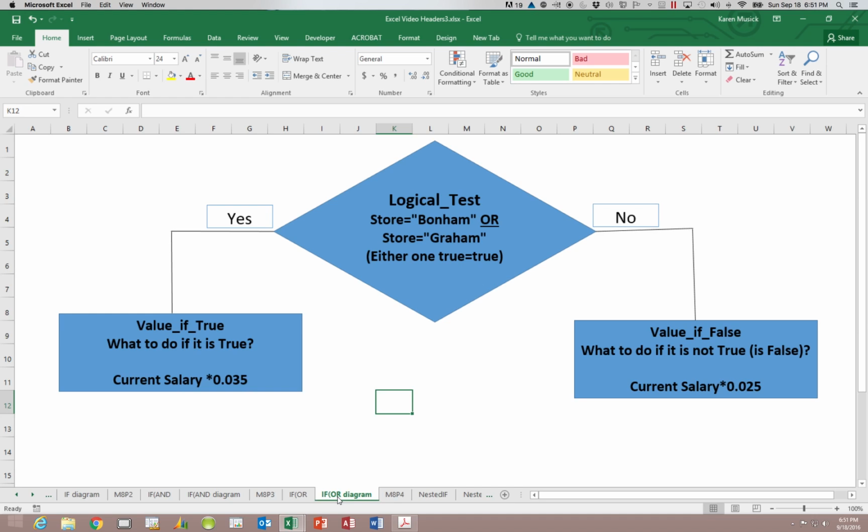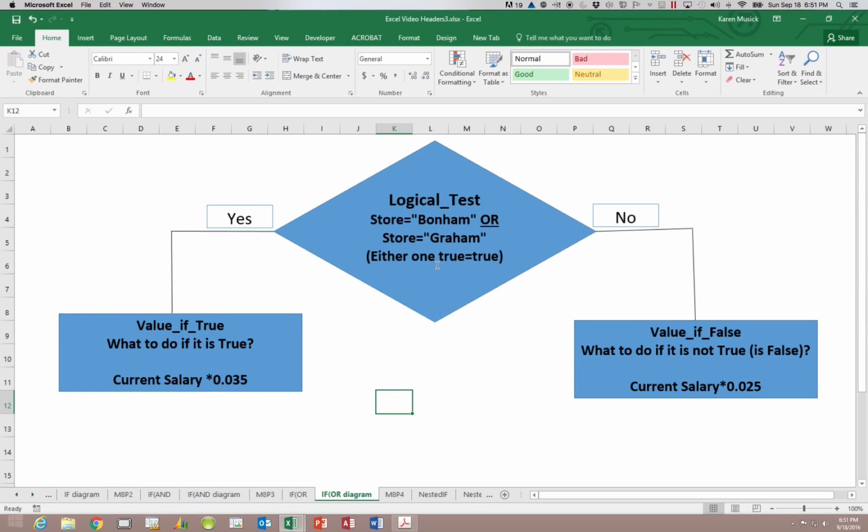If the employee is either at the Bonham store or the Graham store, if either one of those is true, then it's going to go down the true path, and we are going to take their current salary and multiply it by 3.5% in order to calculate the salary increase.